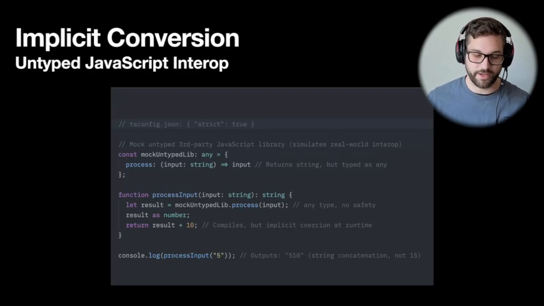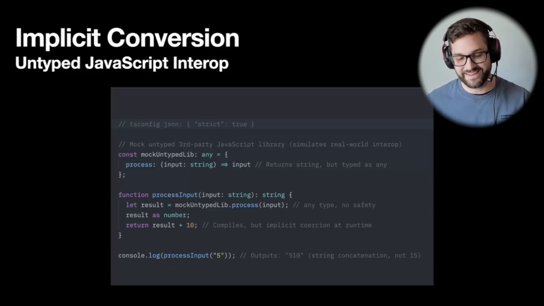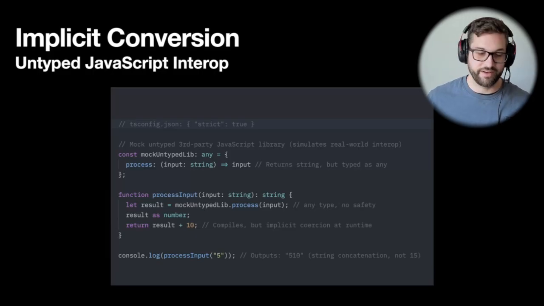We get the same type of error as in the previous example. Instead of adding a number and a number, we're concatenating a string and a number, which results in an implicit conversion. And instead of getting 15 as we expect, we get the string 510, and the error is propagated down the call stack, resulting in some type of error further down.